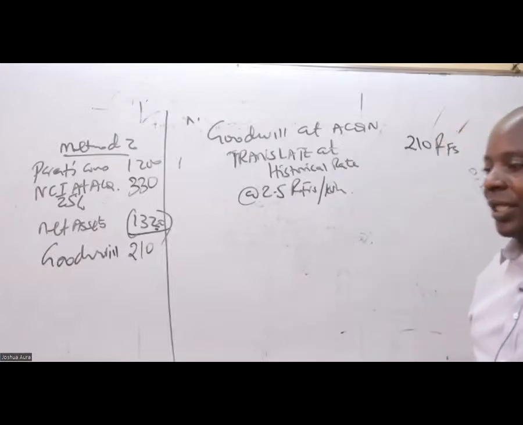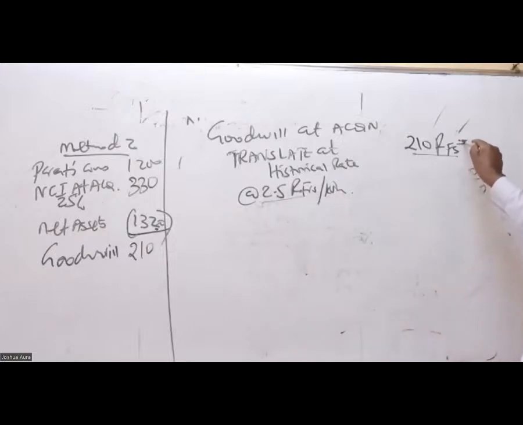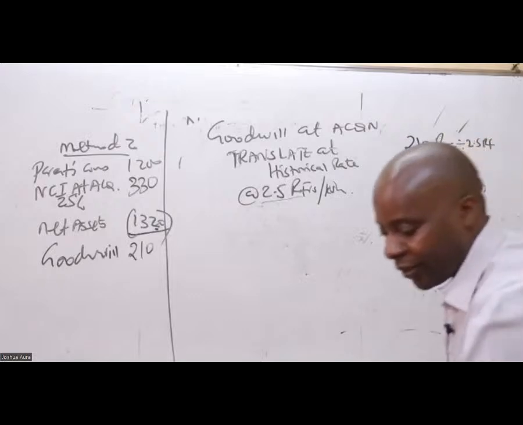Thank you very much, Valentine. I divide because these are Rwandese francs, so that the Rwandese francs cancel out. So when you divide, how much do you get? 84.